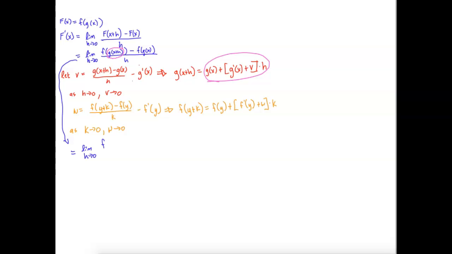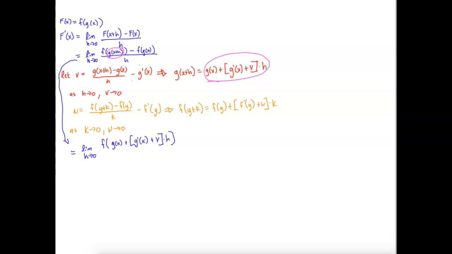And it becomes f of g of x plus h gets replaced with g of x plus the quantity g prime of x plus v times h. Okay?